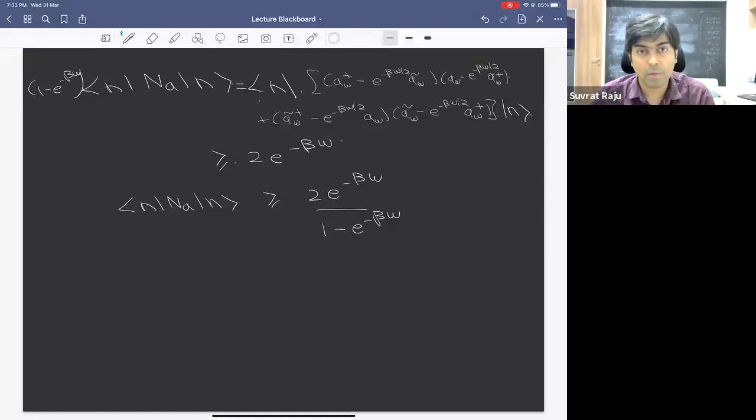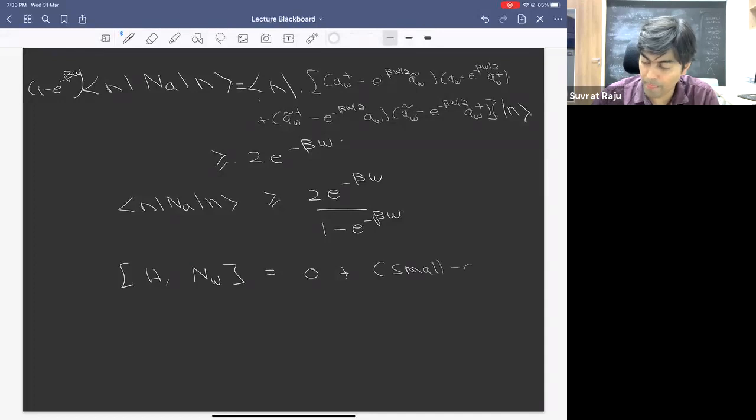Okay. But now notice the following. Notice that h times n omega, this is the Schwarzschild number operator, okay, not the infalling number operator, is equal to 0. Okay. Plus small corrections, but we don't care about those. Why is it equal to 0? Because remember, we're just computing h times a omega dagger.